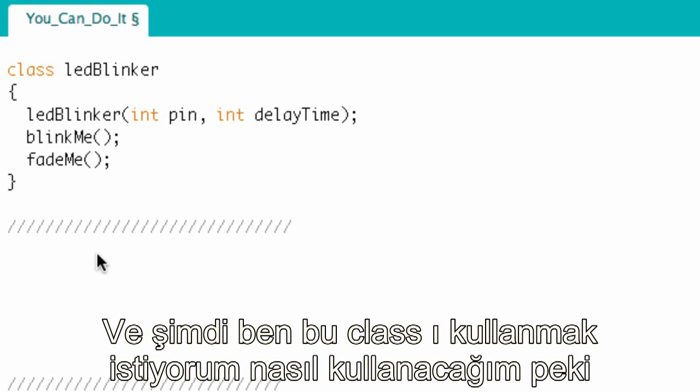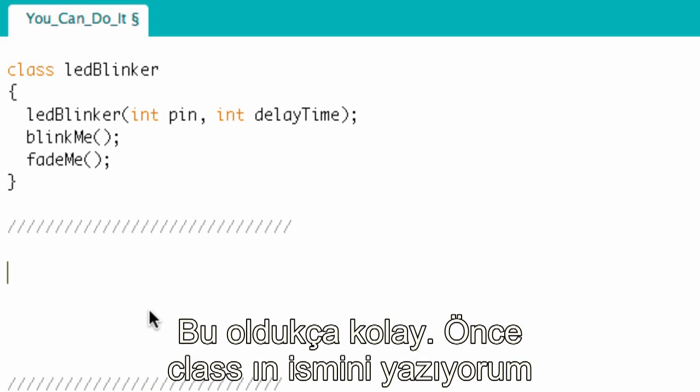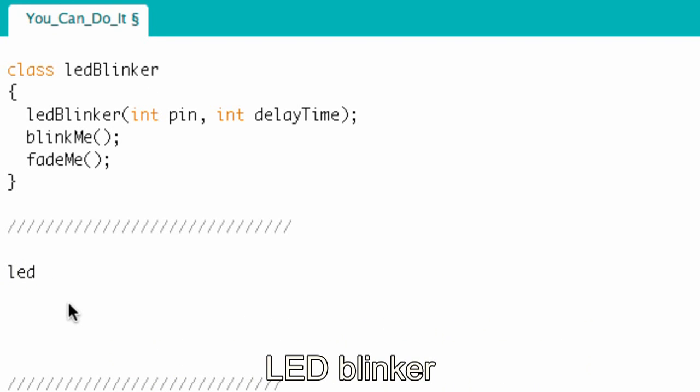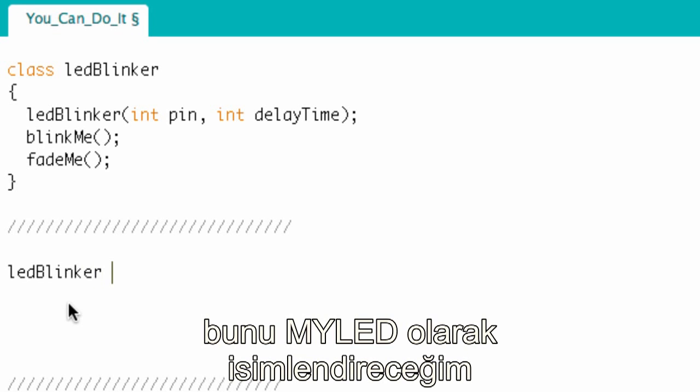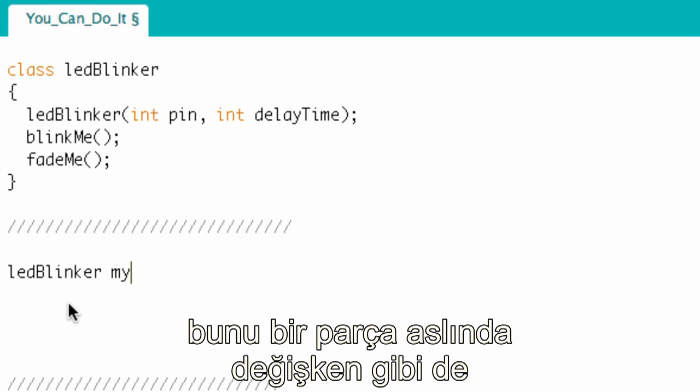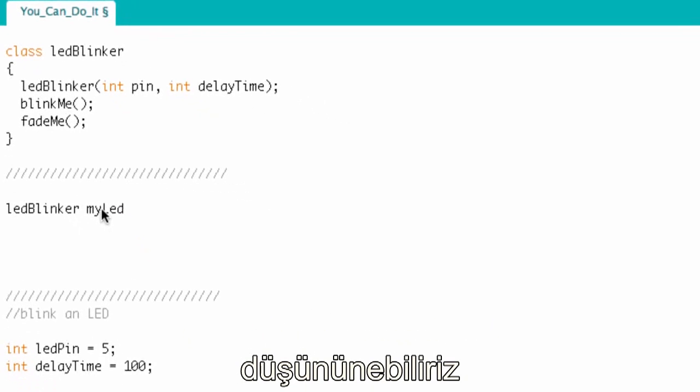Well, how do I use a class? It's pretty easy. First thing I do is I write the name of the class, so LED blinker. And then I have to name the instance of the class. I'm going to call this my LED. Think of this as the name of a variable.